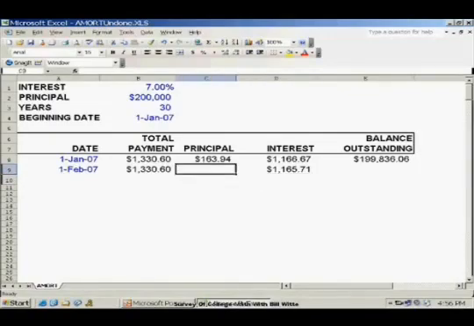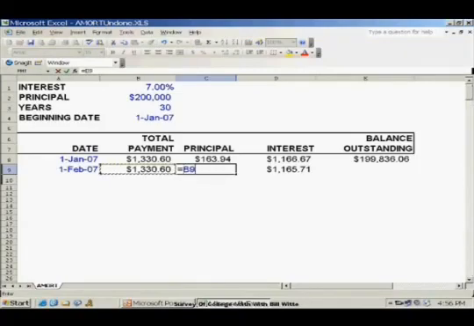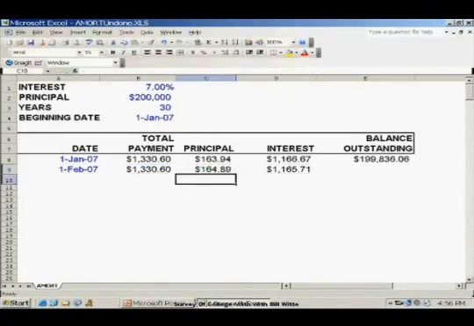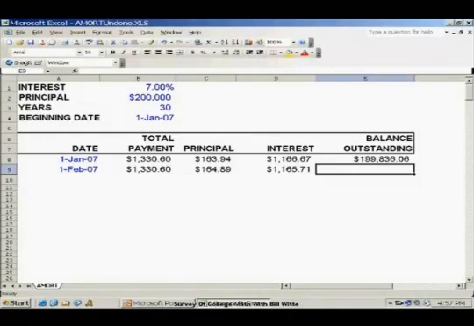But I know what's going to happen with the principal then. The principal is going to be the payment minus the interest, B9 minus D9, and the principal is going to go up, isn't it? The interest went down, the principal goes up, and of course this principal is going to go against the balance that I owe. So what will I subtract this principal from?